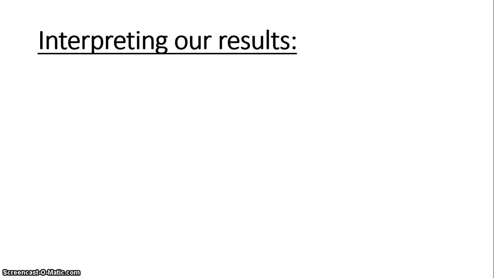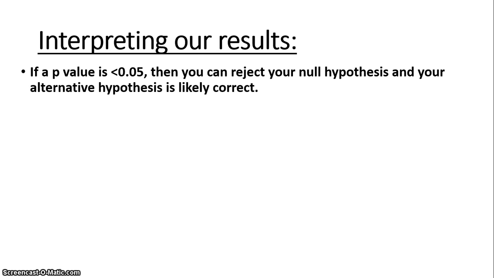So here's how we interpret the results that we get. If you have a p-value that's less than 0.05, then you can reject your null hypothesis, and your alternative hypothesis is likely correct. Not necessarily correct. For instance, the null hypothesis was that everything is distributed evenly throughout the bag, the same number, the same percentage throughout the bag.